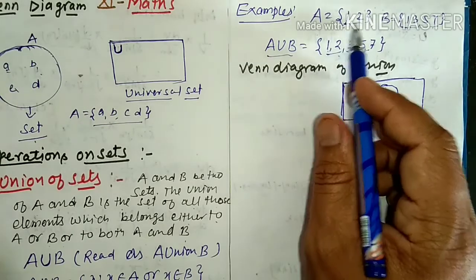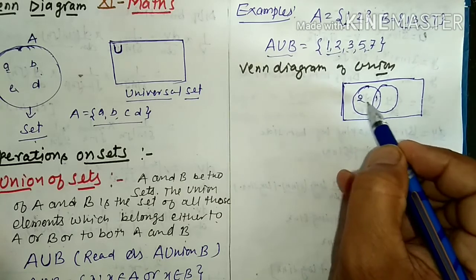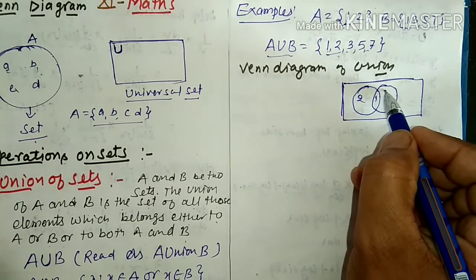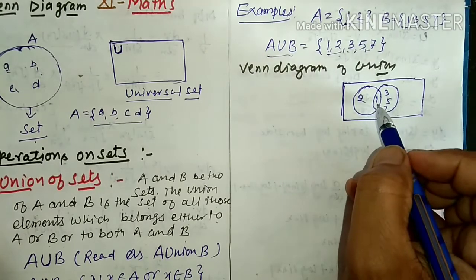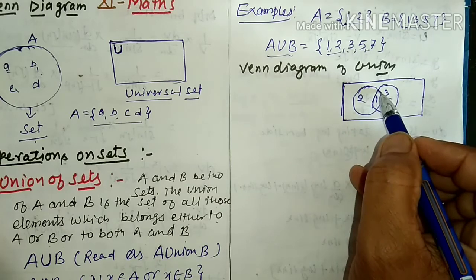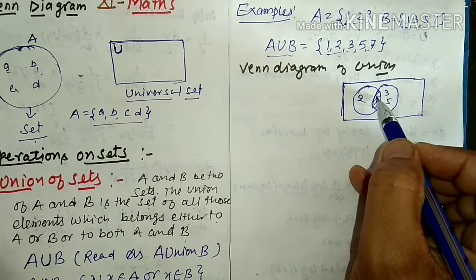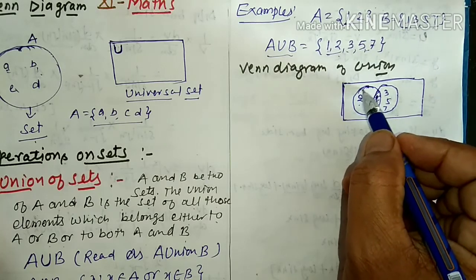So set A contains 1 and 2, and set B contains 3, 5 and 7. क्लियर? सो 1 को मैंने इस कॉमन रीजन के अंदर लिखा है, तो इट मीन्स 1 इज कॉमन इन बोथ ऑफ देम, बट दिस इज द यूनियन.